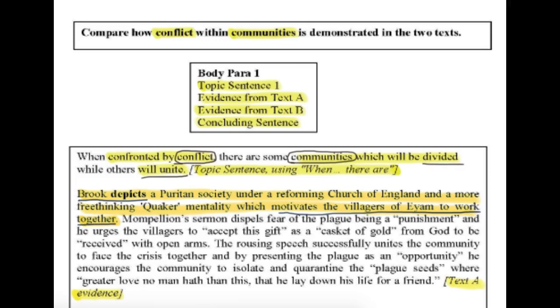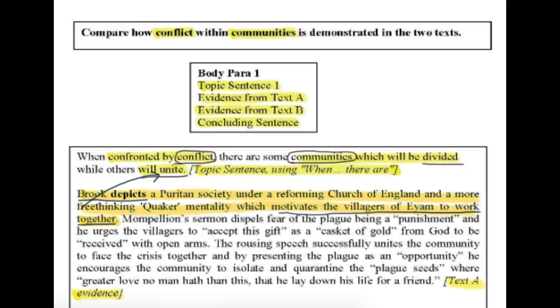And this links back to the idea that some communities will unite. Okay, so we make a statement from this text A evidence part of the paragraph in terms of saying what the author is achieving. Then what we do is we look to give the evidence for that.